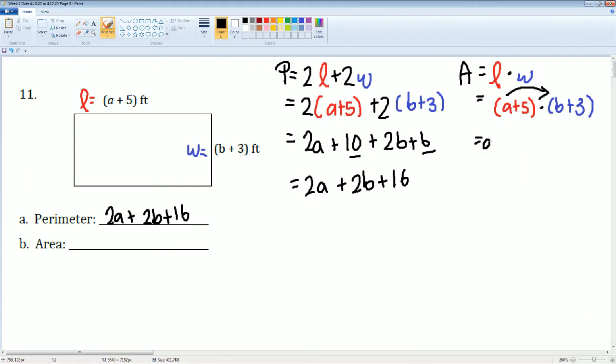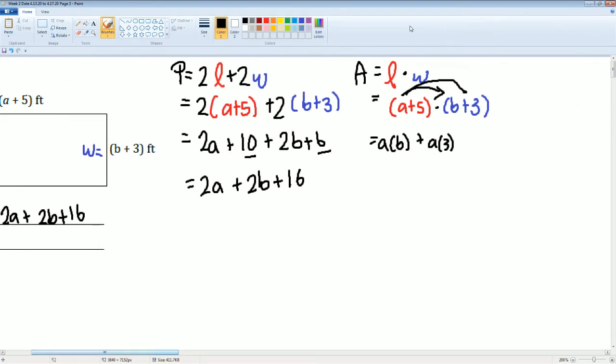The first one is a times b. The second one is a times 3. Let's move this over a little bit to give us more room. Then the next one, first, outer, inner, last, so 5 times b. Then our last is 5 times 3.